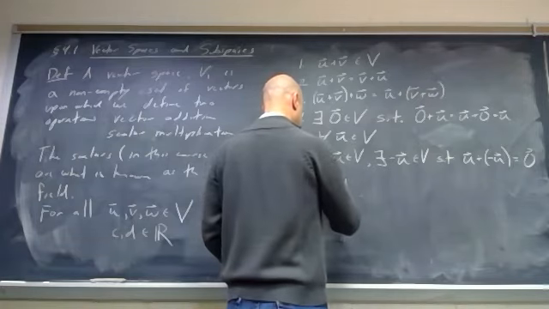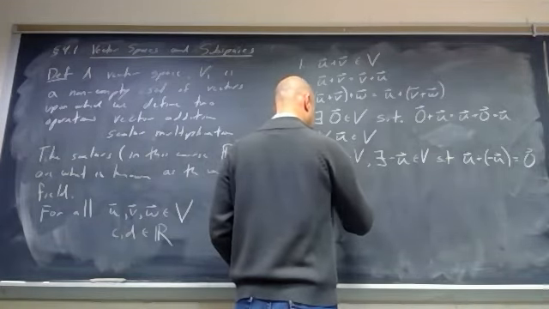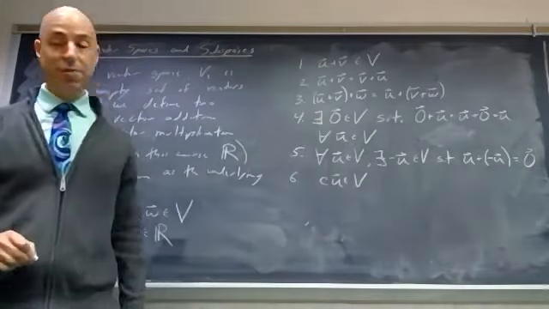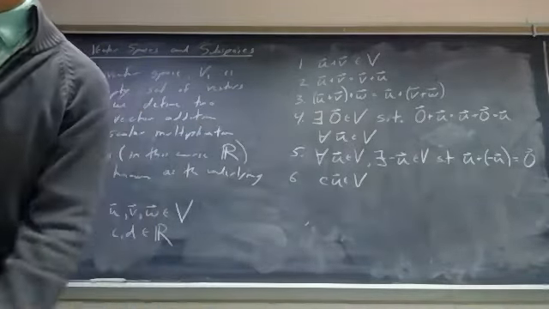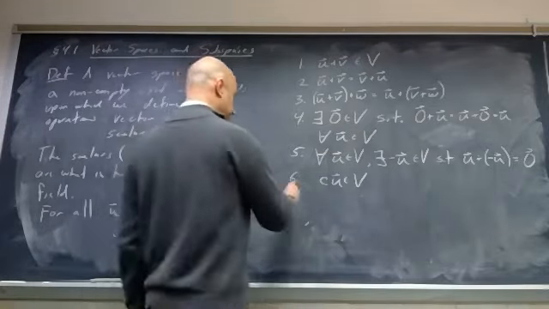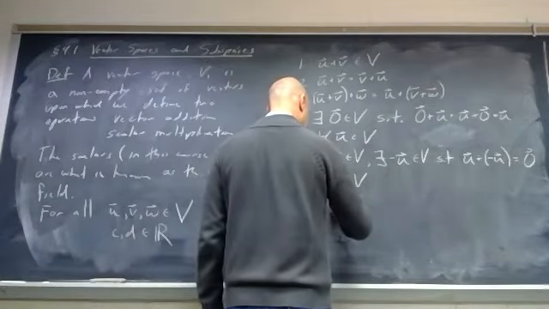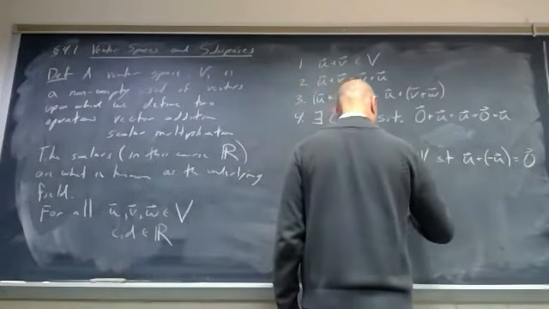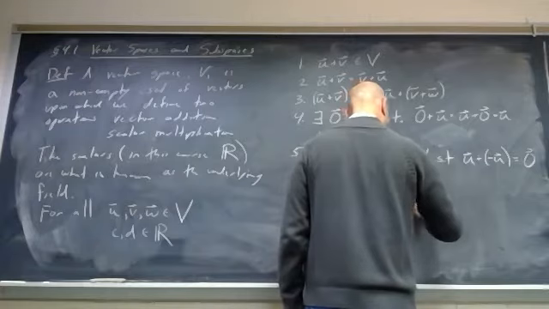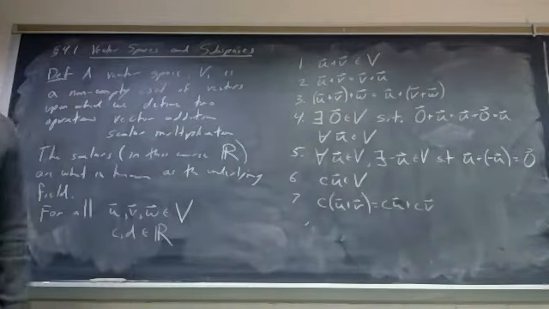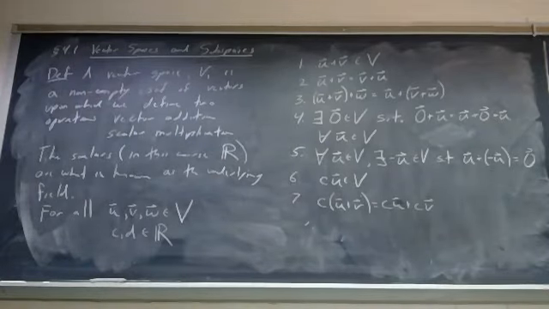So c times u is an element of V. So if u is an element of V and you take a scalar multiple, that will be an element of V also. c(u plus v) equals cu plus cv. In other words, scalar multiplication distributes over vector addition.